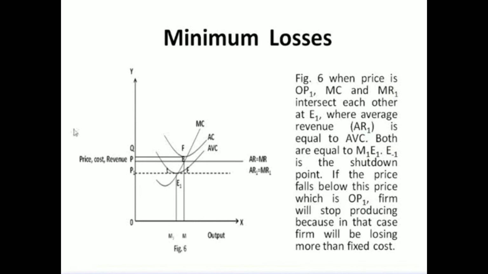So a firm stops production if it cannot get the average variable cost, that is, if price is less than AVC. A firm under perfect competition in the short run will suffer loss and still produce only up to the point where price is equal to AVC. So it is called the shutdown point. This is how a firm under perfect competition, in the short run, incurs minimum loss at equilibrium and survives.